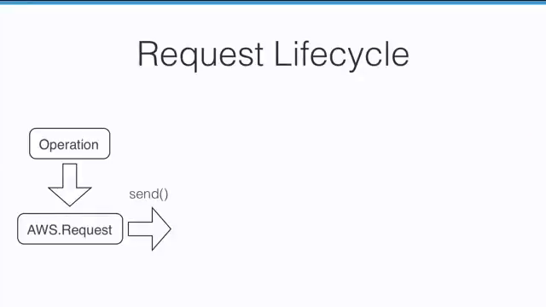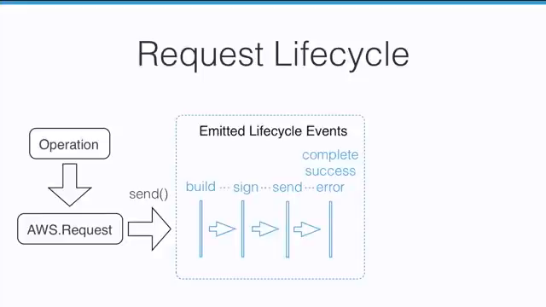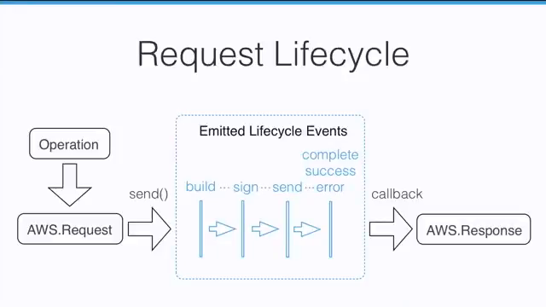You can send the request object off to the server. This effectively starts our event lifecycle, where we start emitting events throughout the process. We will emit events when we build the request, when we send it, and when we complete it. If you did pass a callback through, this is at the other end, where the callback will actually get triggered, and that returns an AWS.Response object.